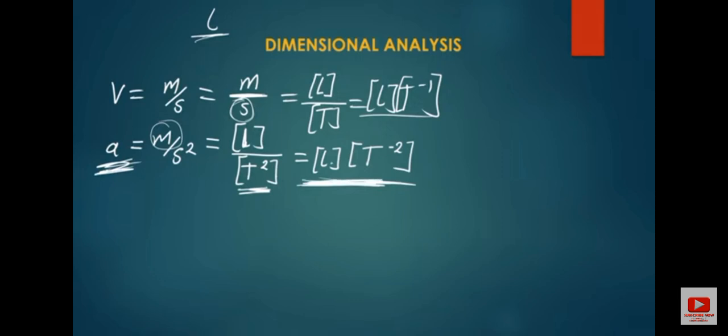So it's as simple as that. So now let us try to find the dimensions for force. So we know to say force is equal to what? Mass times acceleration. So what are the dimensions for mass? Mass is capital letter M. Dimensions for acceleration, we have found them there. But if you want, you can use its units.